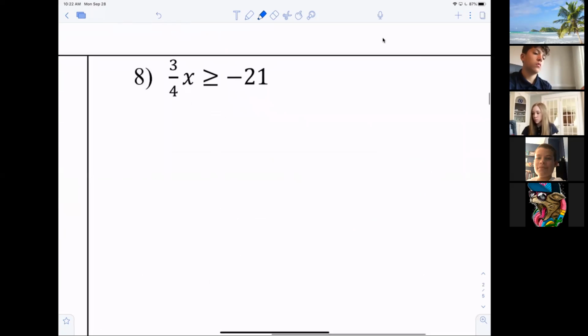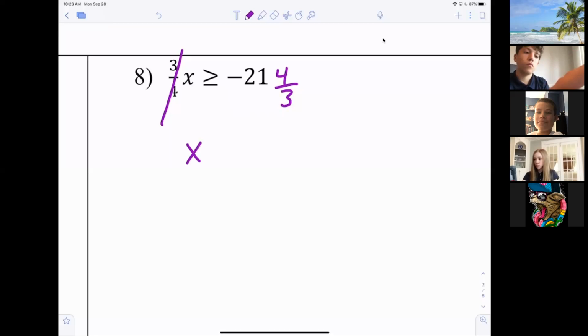Okay, number 8, what do we do? Multiply by the reciprocal. And of course, the reciprocal is 4/3. So now I'm just putting 4/3 over here so I can see it.